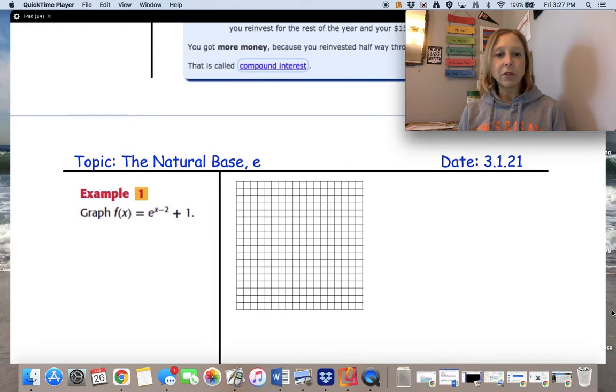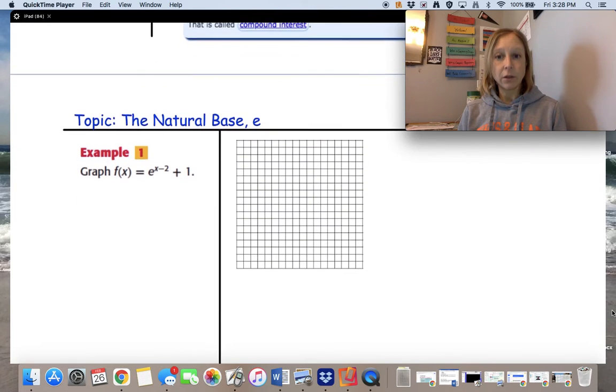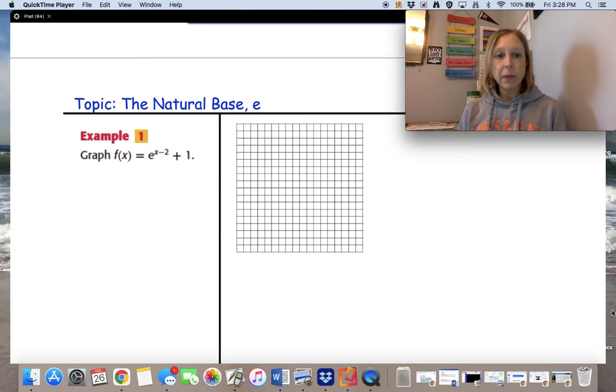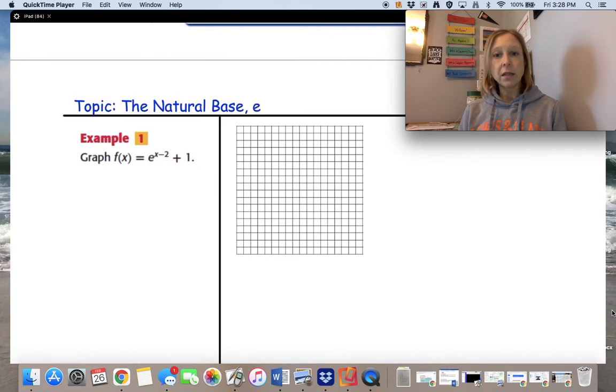So let's start by looking at what the graph of e looks like. We'll look at the parent function e to the x in a moment, but right now let's just practice inputting values for x in expressions or equations that involve e and then plotting them on a graph. So I'm going to start by making a table.